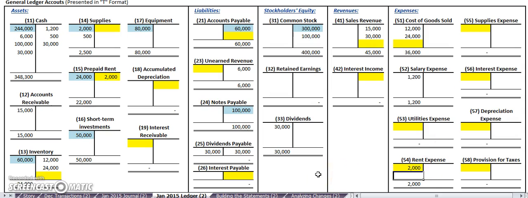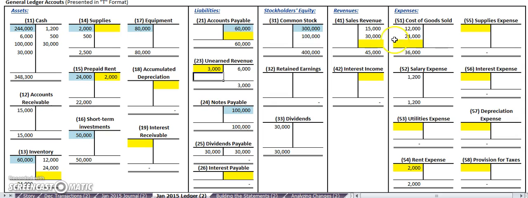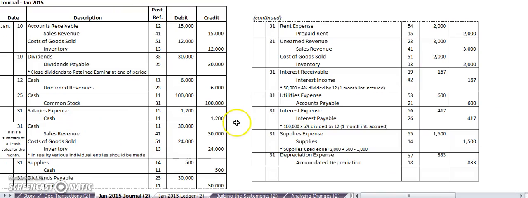What was the second transaction? Unearned revenue. So unearned revenue was a liability, right? And I know that I lowered my liability. I believe it was by $3,000, right? Yeah, unearned revenue went down by $3,000. I recognize sales revenue of $3,000.